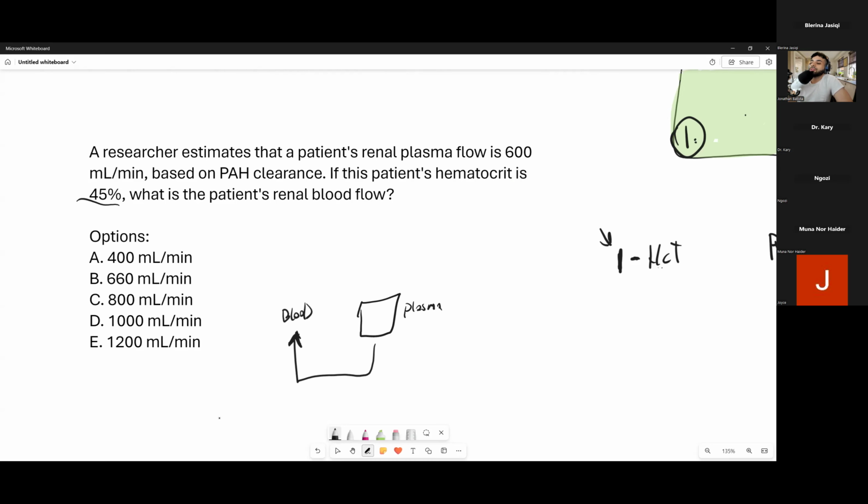So I strip the blood from its foreign properties and make it look more and more like plasma. How do I do that? I subtract the hematocrit. So the blood counts as 1, and I would do 1 minus 45, which should give me 55. And they said 600 ml is the RPF based on PAH clearance, so I have to say 600 over 55.